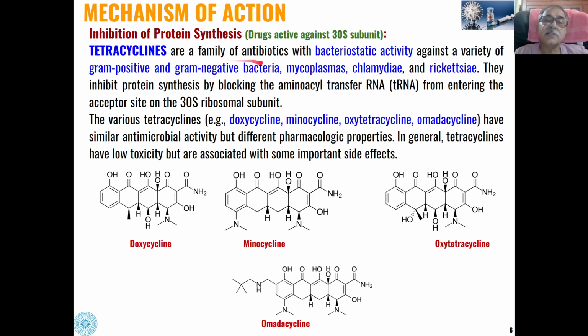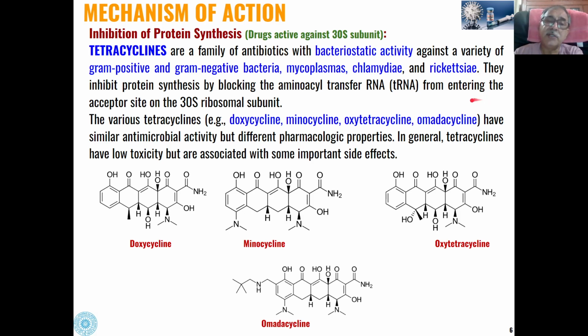Again, tetracyclines are bacteriostatic in nature, and they are effective against gram-positive as well as gram-negative bacteria, mycoplasma, chlamydia, and rickettsia.